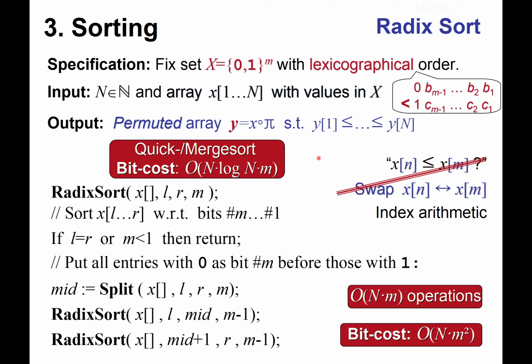But now when we want to sort bit strings, each operation amounts to m bit operations, so multiplying the overall cost with m results in the overall bit cost. And now you see when m is smaller than log n, then this is better. And when m is larger than log n, then actually quick or merge sort are preferable. Good.